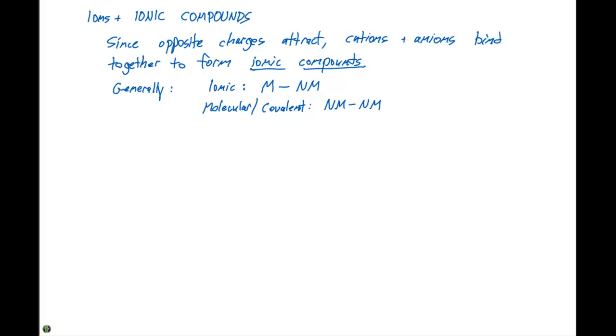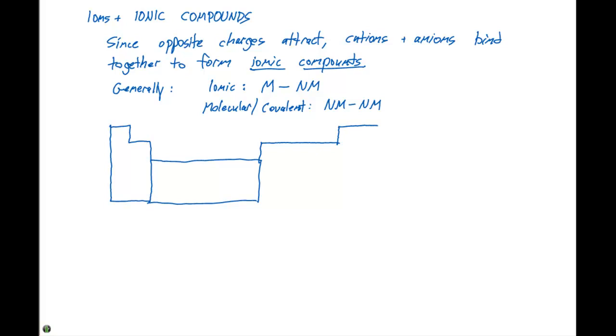So if we do a general sketch of the periodic table, we can chunk it, compartmentalize it into a couple groups. And I'll draw certain sections here. The transition metals are here in the center, and we're going to ignore these for a second.